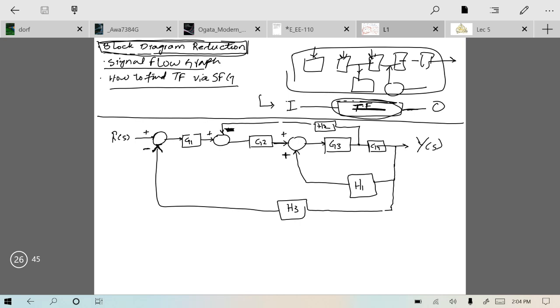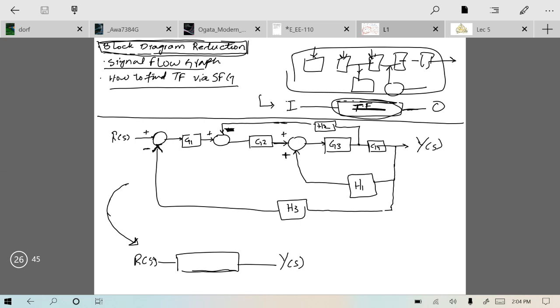So let's try to reduce this block diagram. Our eventual goal is you have R of S over here, then you have some block, and then you have Y of S. You want to go from here to here using the techniques that you have already learned in the previous table that we have just discussed.